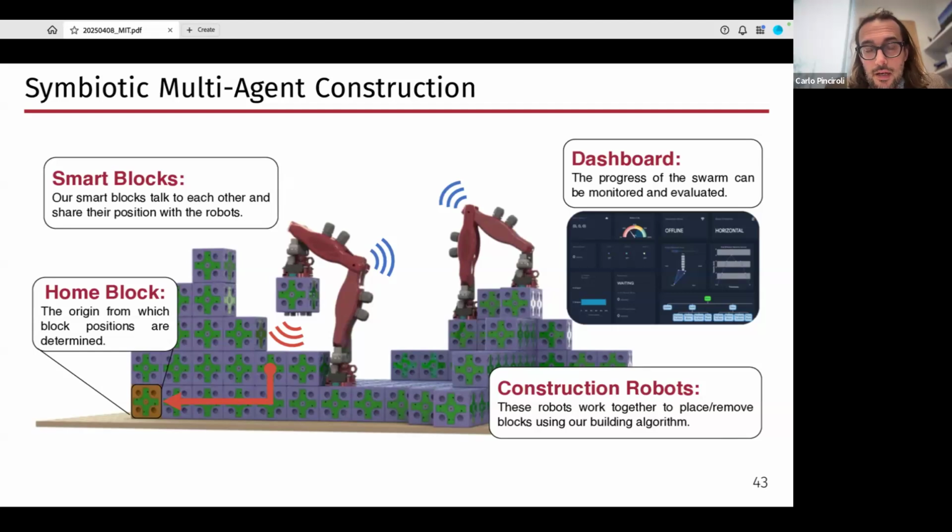And then the individual blocks are essentially active matter. So they are a set of robots themselves, to an extent, that can talk and that can guide the actions of the inchworms. So the idea in this case is that we have a system that could be used either to just build a structure. Okay, fine. We can actually have a structure built of smart blocks.